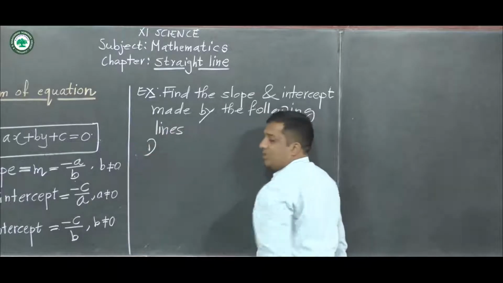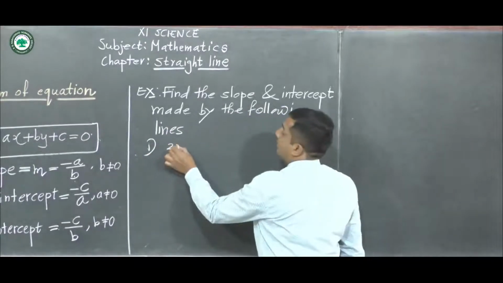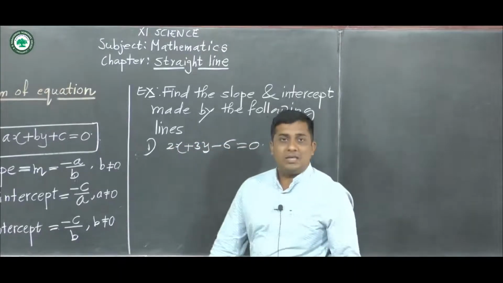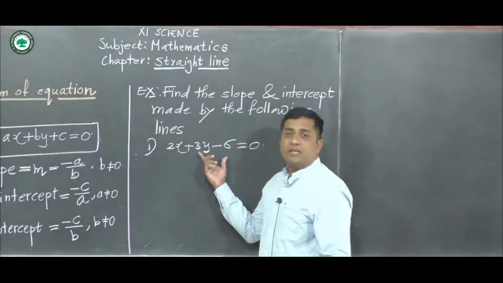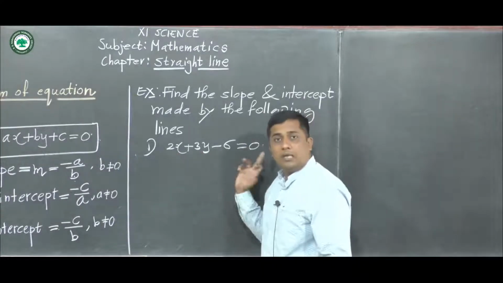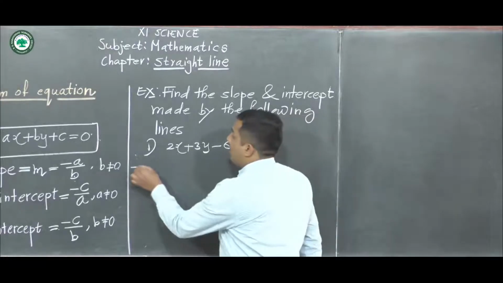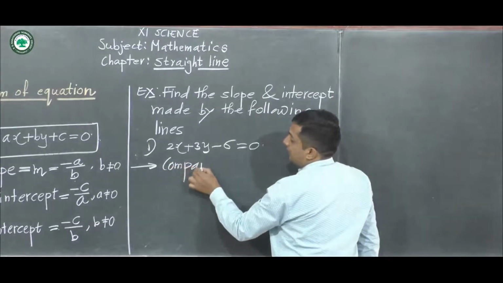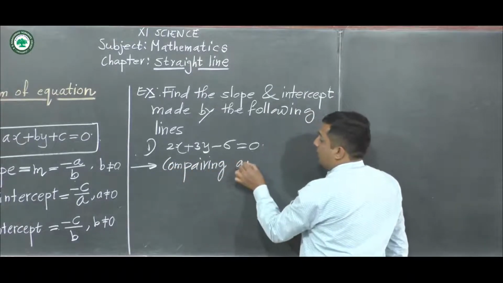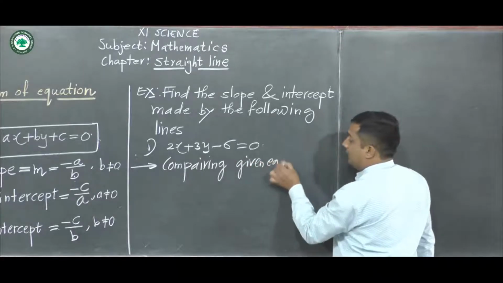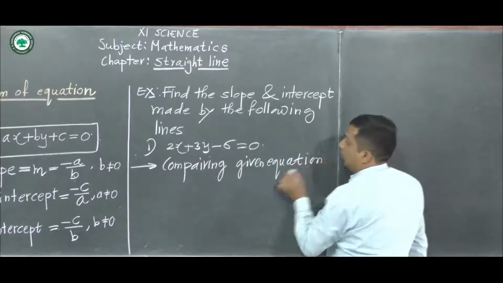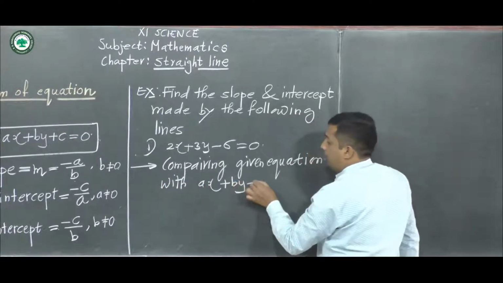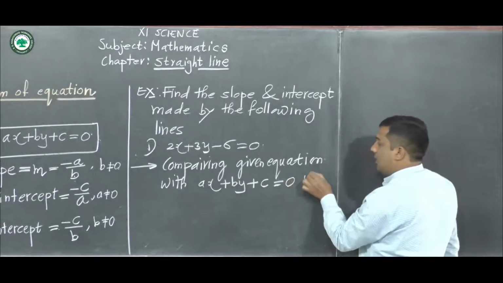Let's go with the first one. Given 2x plus 3y minus 6 is equal to 0. We know this equation is in the form ax plus by plus c equal to 0, so we compare the given equation with the general form ax plus by plus c equal to 0.